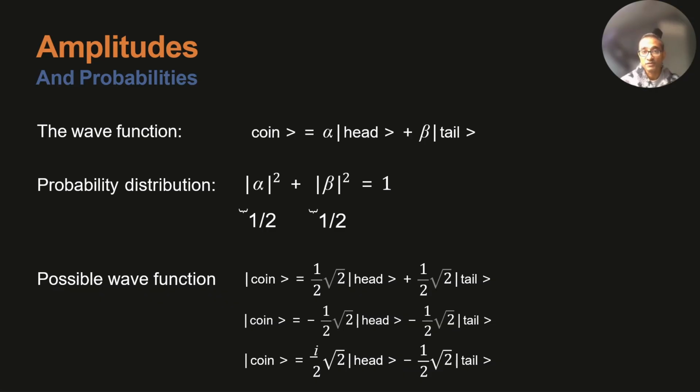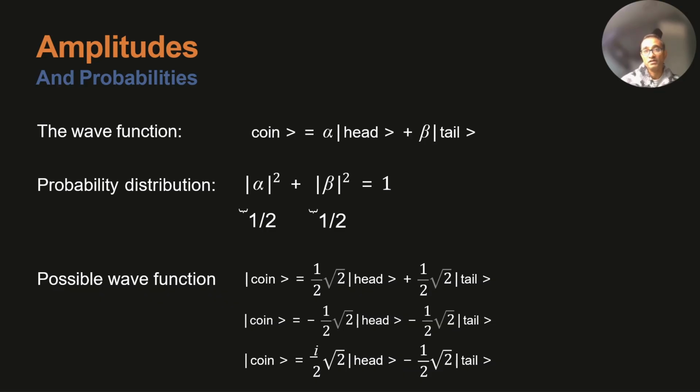But if you extend this further, you can also have the wave function written in the complex number format, as represented in the third one, which is i by root 2 with a phase shift represented by minus in the latter component of this function. So as we said before, there can be various possible combinations of the wave function.